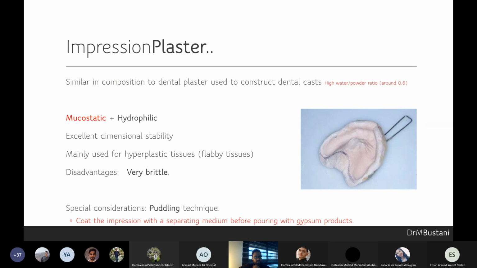Impression plaster, we don't use it much nowadays. The only indication to use it is when you have flappy tissues, but because the cast will be poured in gypsum and because of all the special considerations or problems with gypsum, we go with using silicone nowadays.